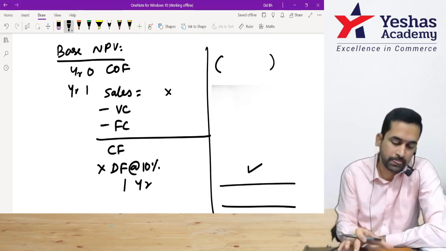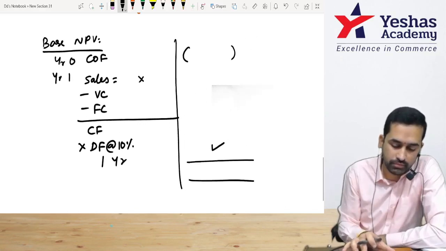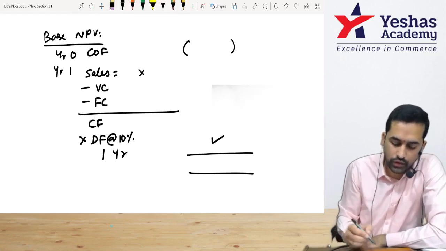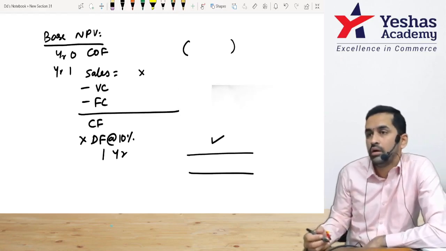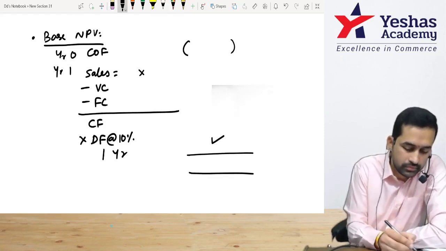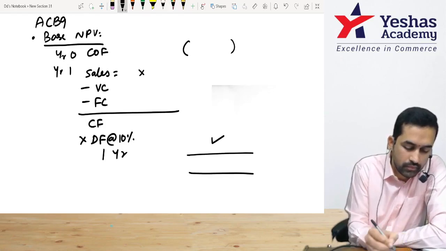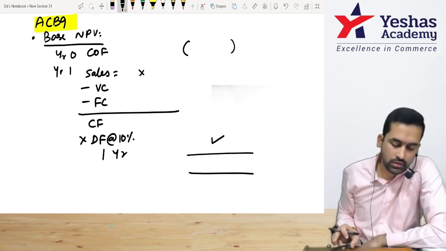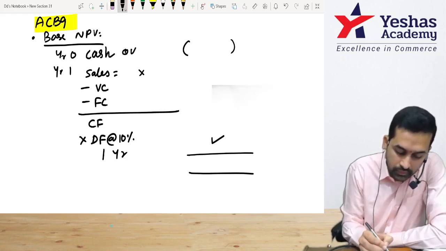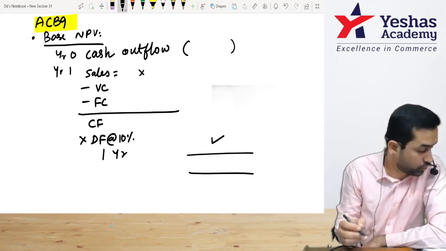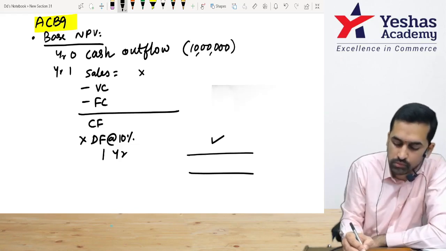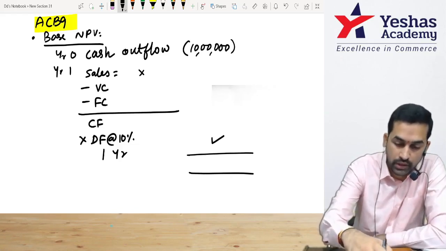Start this first. Heading: computation of base NPV. Year 0, cash outflow, ₹10 lakh.